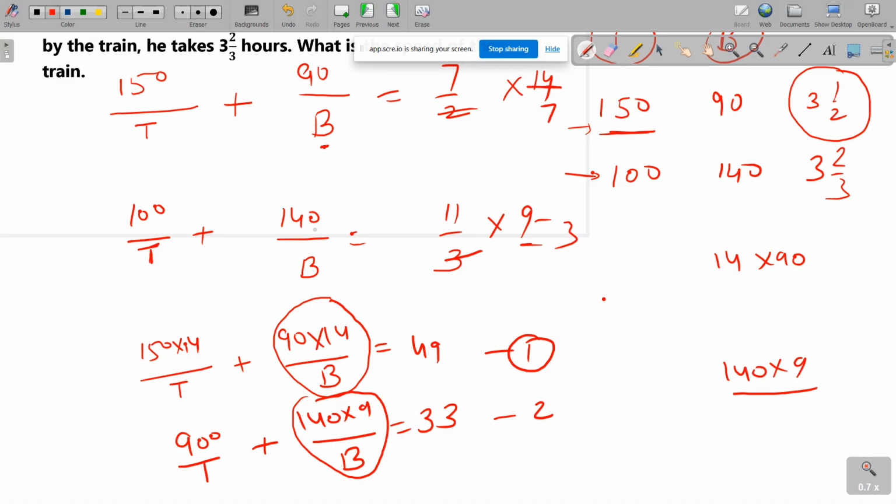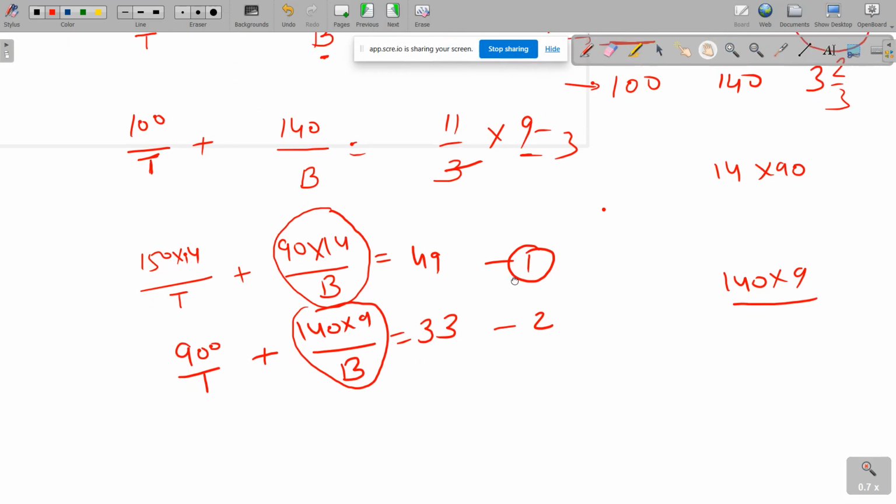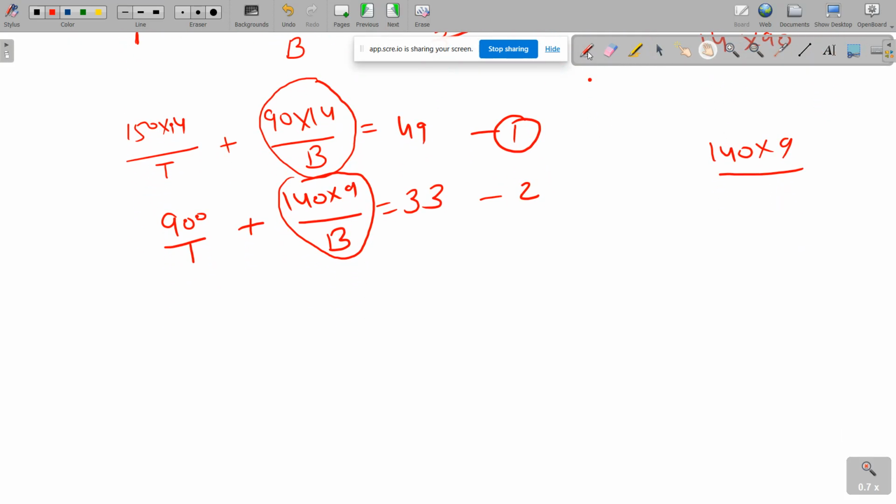So we can eliminate the b factor, right? How can we eliminate it? If we subtract one equation from the other. Let's say I subtract equation number two from equation number one.